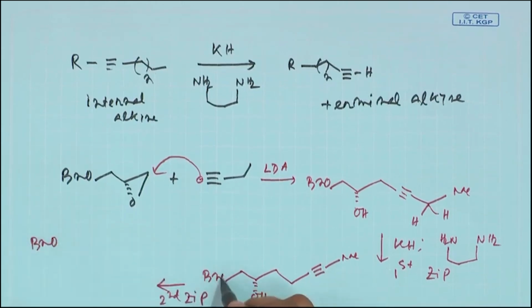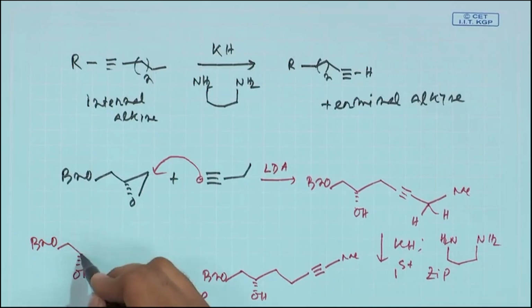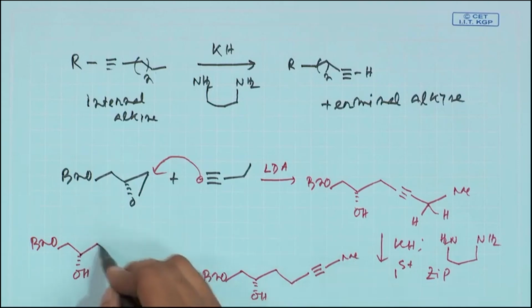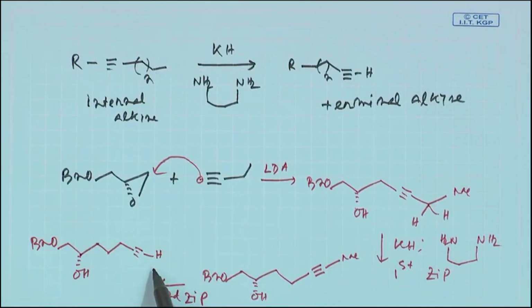So, this will now give you CH2, CH2, CH2, and this has an OH. So, this CH2 is also now coming CH2, CH2, CH2. Now, the zipping will stop. The zipping will continue till there is no more methylene left in the ring.